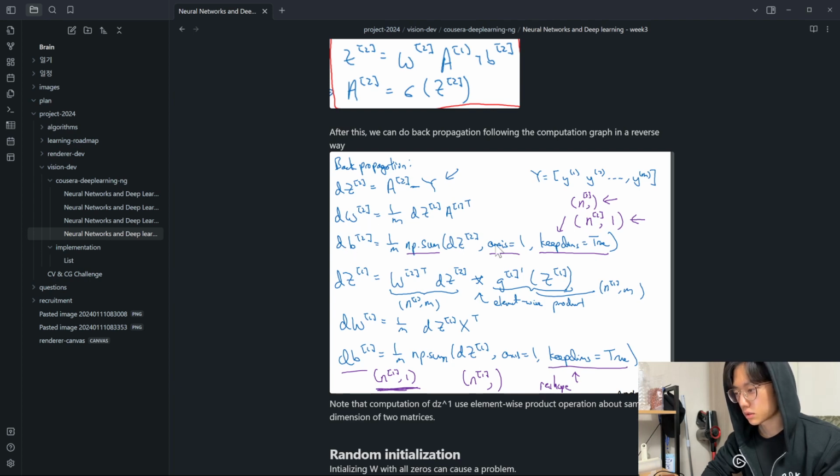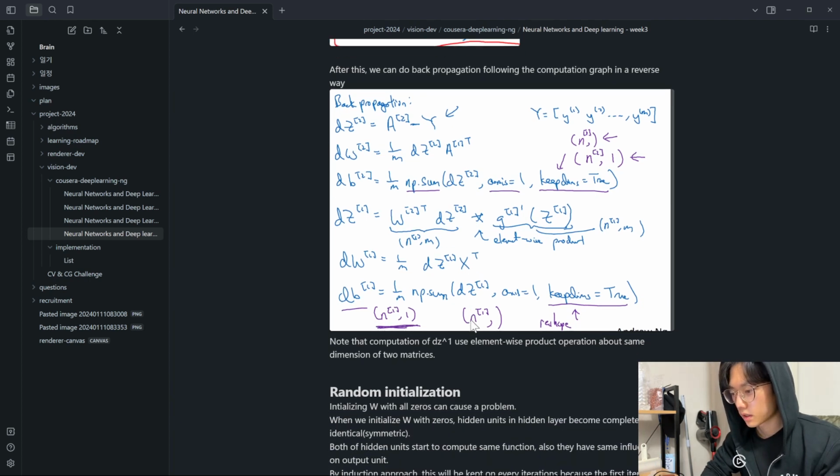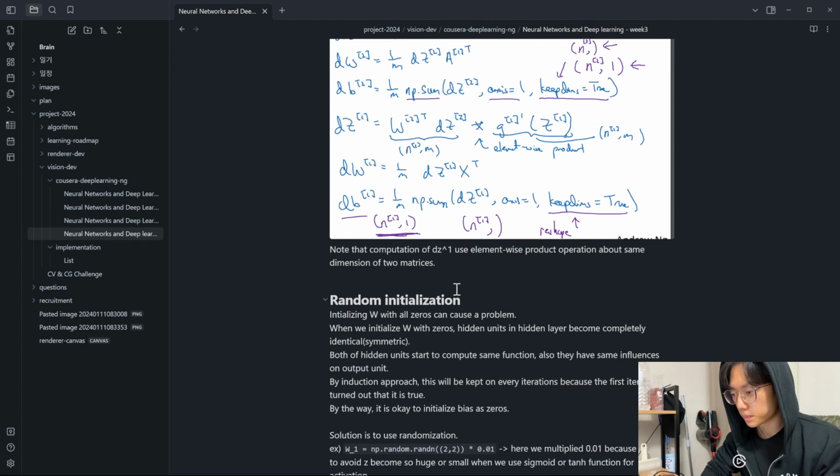Until dB2 it's the same as logistic regression, but for dG1 we do an element-wise product because the two matrices have the same dimension. And dW1 and dB1 are obtained the same way as dW2 and dB2.